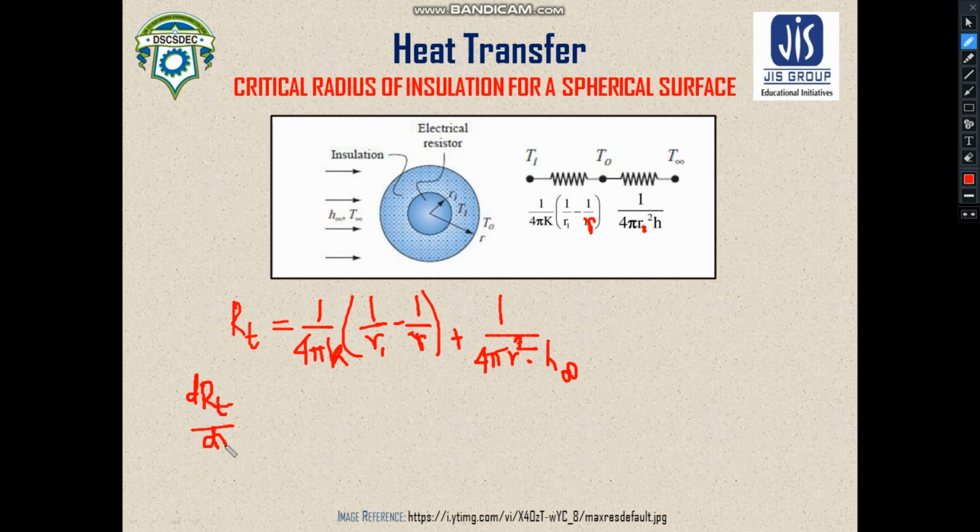Differentiating with respect to R, it would become 1 by 4 pi k, and we differentiate this term only, so it would be minus 1 by 4 pi R square, and the other term would give you 2 by 4 pi R cube h infinity.